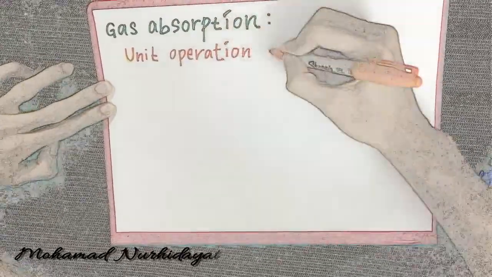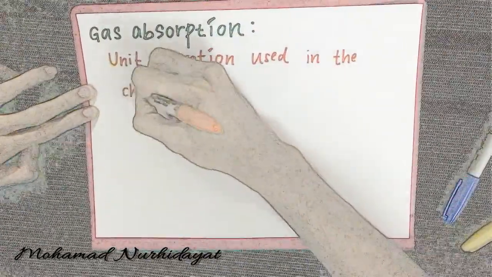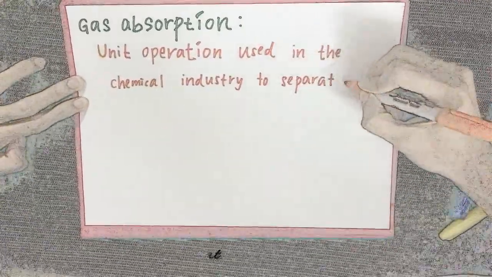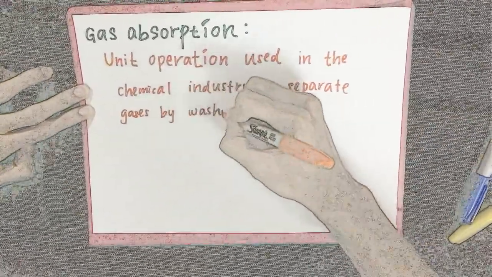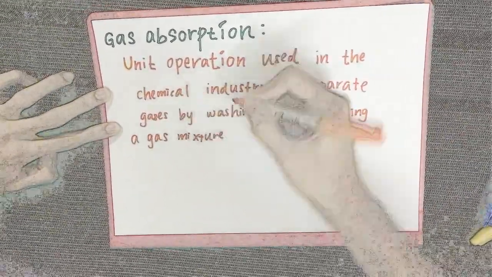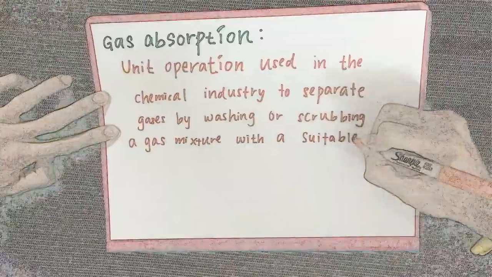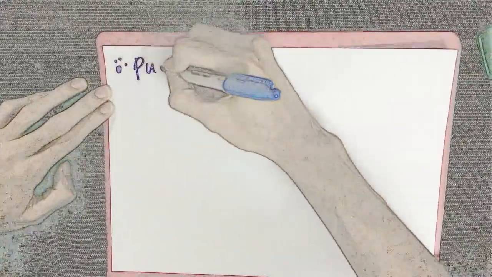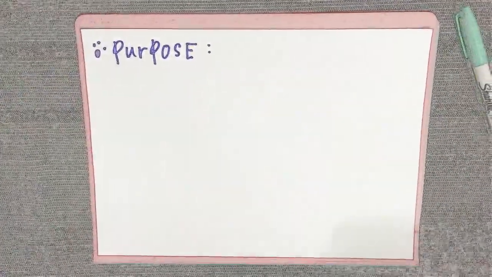Gas absorption is a unit operation used in the chemical industry to separate gas by washing or scrubbing a gas mixture with a suitable liquid. What is the purpose of gas absorption?